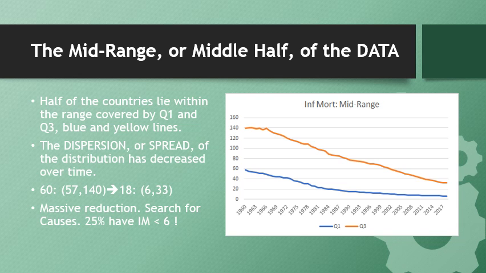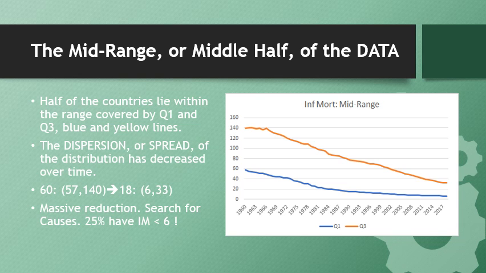Now if you look at what these numbers are going from 1960 to 2018, in 1960 the mid-range was between 57 and 140. And this has gone down to between 6 and 33. Again, a massive reduction. And these are the middle half of the countries, not the exceptionally good ones, which are the bottom 25%, and not the exceptionally bad ones, which are the top 25%.